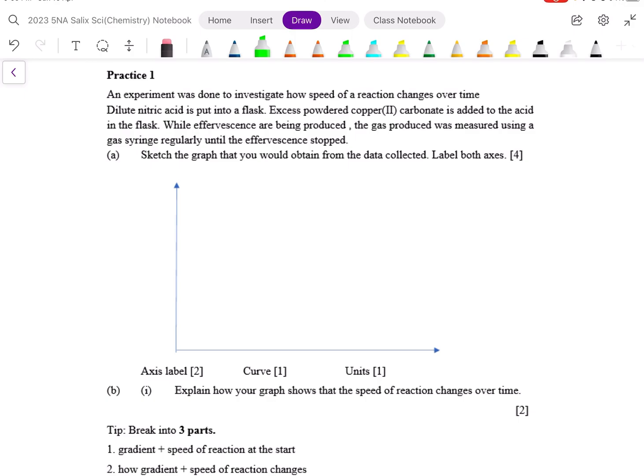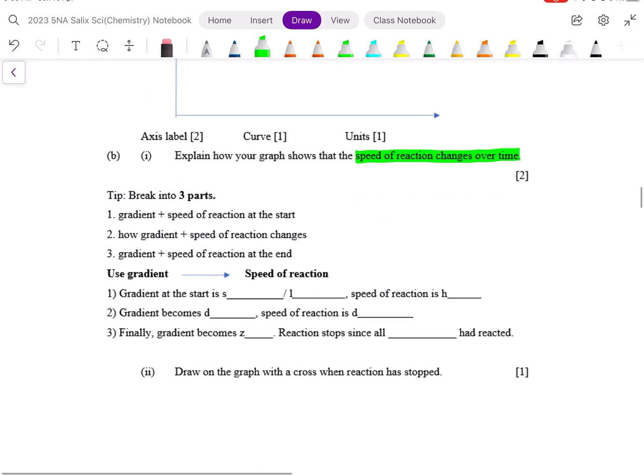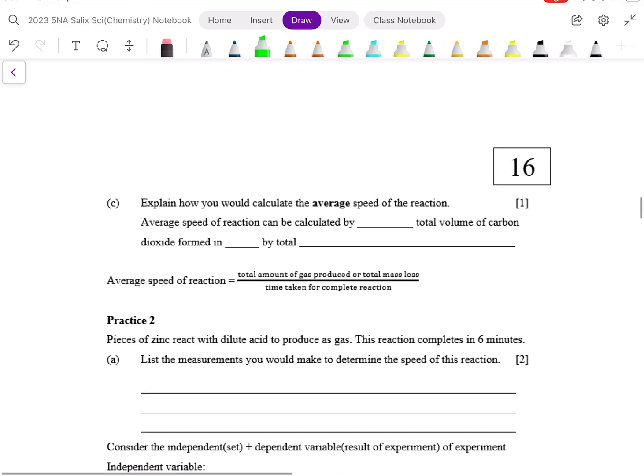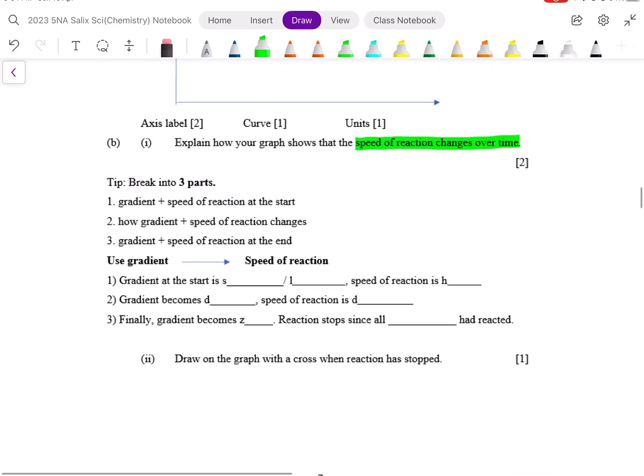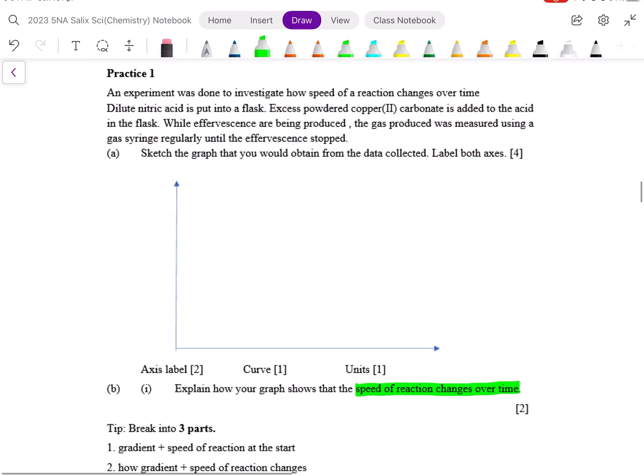So please learn how to answer them: how to find speed, how to explain how your graph shows speed of reaction changing over time, and how to calculate the average speed of reaction. Okay, let's take a look.